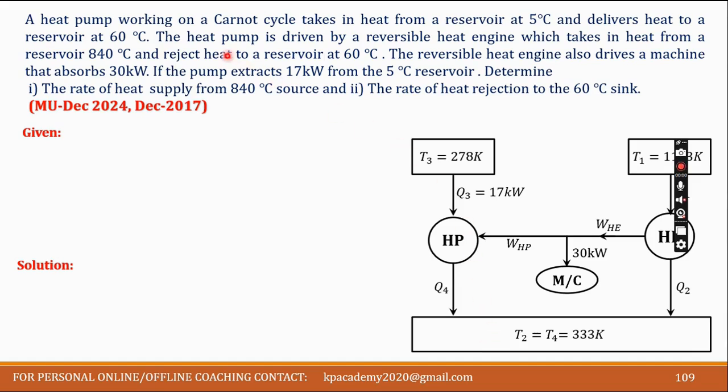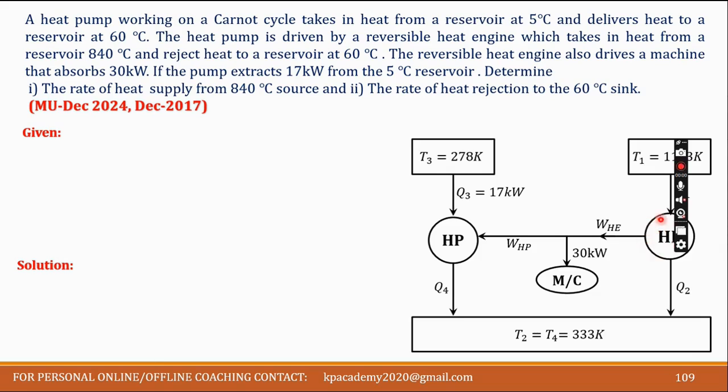The heat pump is driven by a reversible heat engine which takes in heat from a reservoir at 840 degrees Celsius and rejects heat to the reservoir at 60 degrees Celsius. The heat engine also drives a machine that absorbs 30 kilowatt.